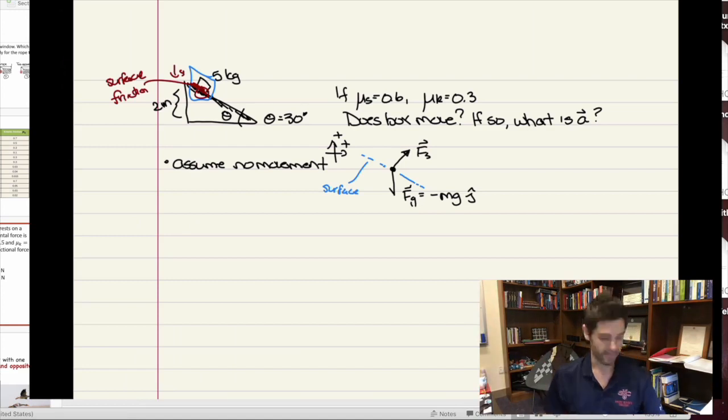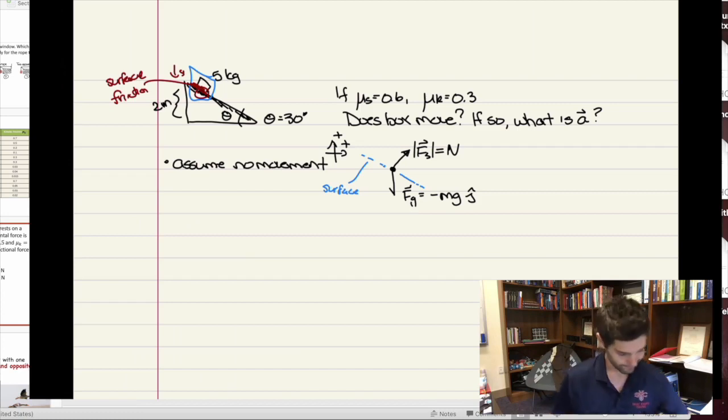Its magnitude we might call N, if you are so inclined. And there is static friction. So if there is static friction, what direction would we assume it's pointing in? We can assume the friction is pointing up the ramp in this case. The box wants to go down the ramp. Friction is preventing it from doing so, so it is pointing up the ramp.